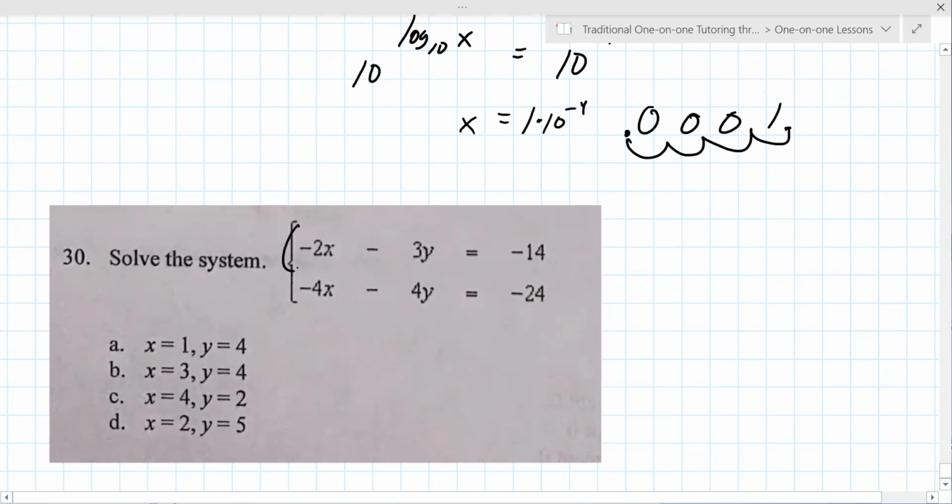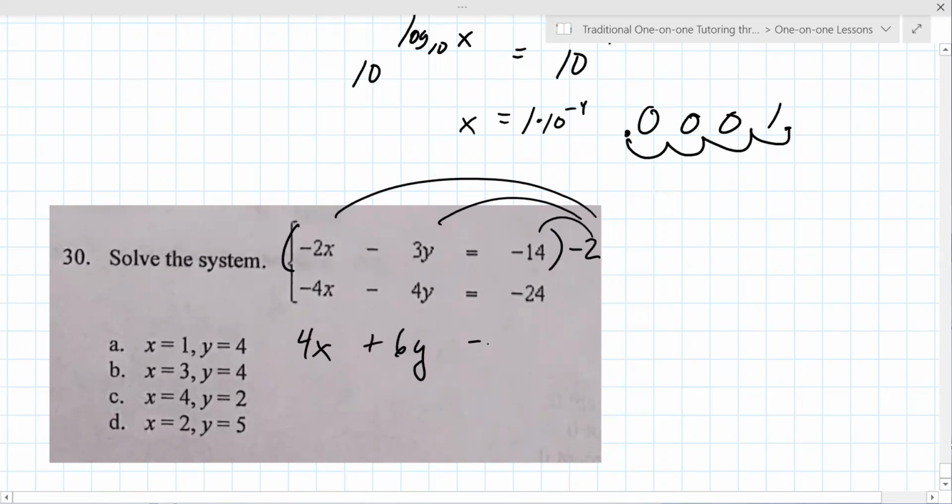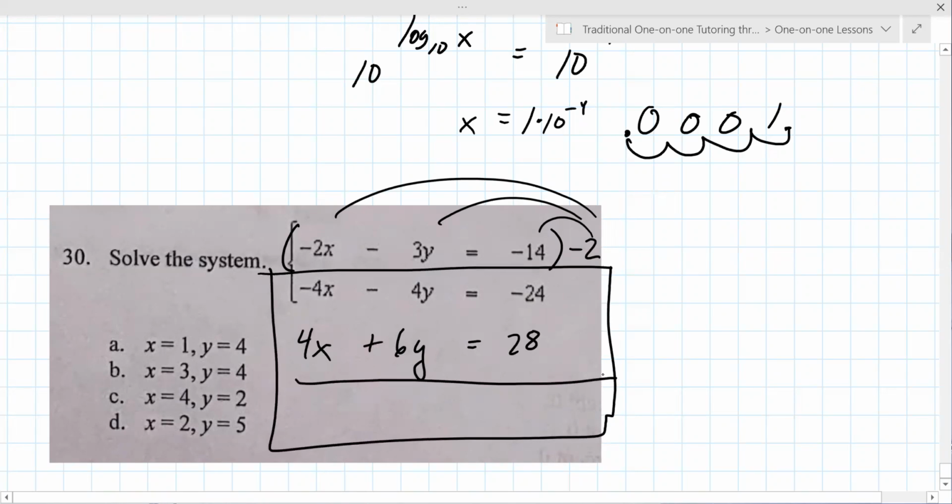So if you multiply the first equation by -2, you get 4x down here from -2x because you're multiplying everything, plus 6y equals 28. You got to multiply everything. And then that's gone. So you're just looking at these right here, and you add them up. So that's 0, that's 2y, that's 4.